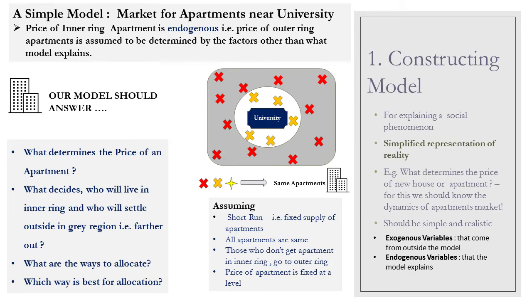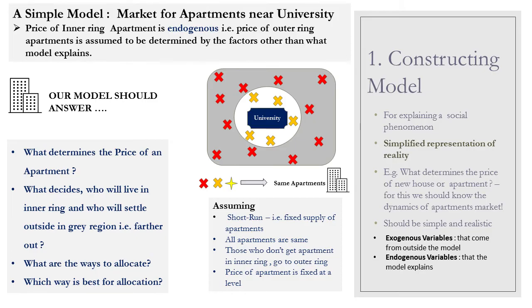Now having this in mind, I would like to highlight these two terms, endogenous and exogenous variables, which are very integral to the model building process. Exogenous is whatever comes from outside the model, whatever factors are outside our control, like here we assume that prices of the outer ring apartments are not within our control, so they are exogenous variables.